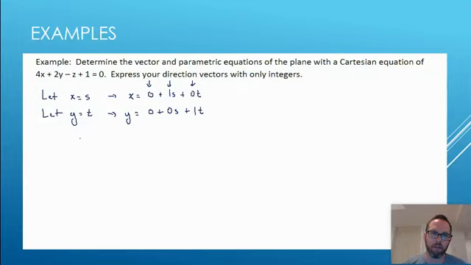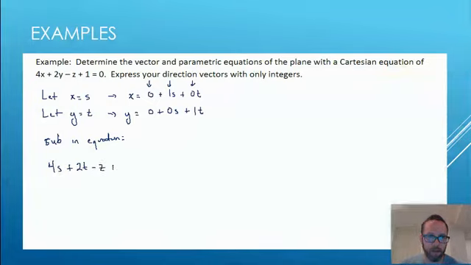And that's easiest to do because if we sub into our equation, we can get a parametric equation for z. So we have 4s plus 2t minus z plus 1 equals 0. And I can rearrange that for z just by moving z to the right. Again, z equals, I'll write it this way, 1 plus 4s plus 2t.